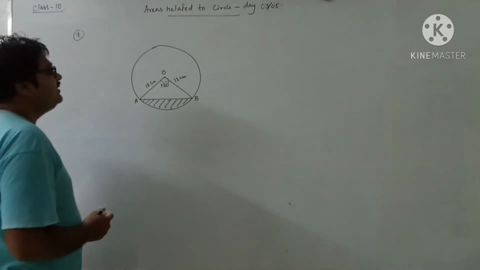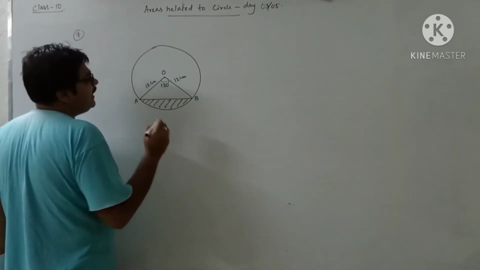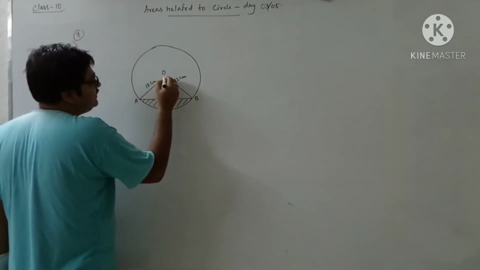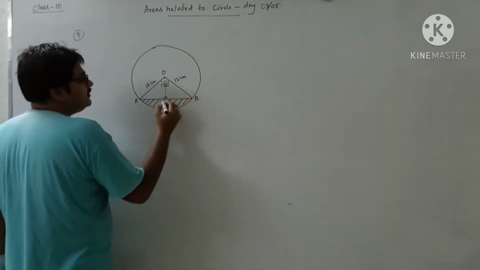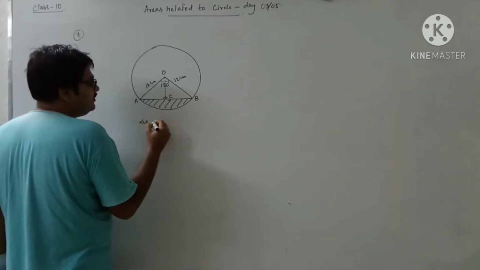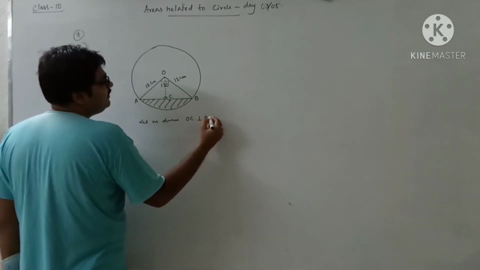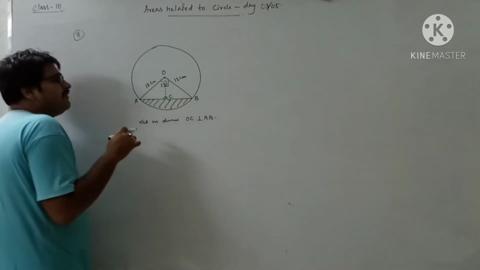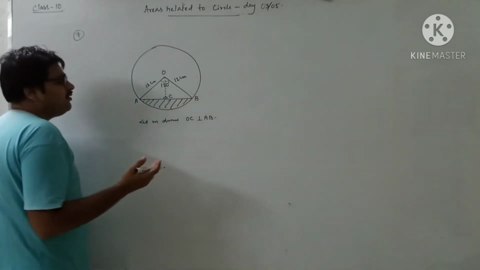Look here, working. What we are going to do? We are going to draw a perpendicular from O on AB. Giving the name here OC. So let us draw OC perpendicular to AB. And you know from center, if I draw any perpendicular to any chord, this will bisect the chord.